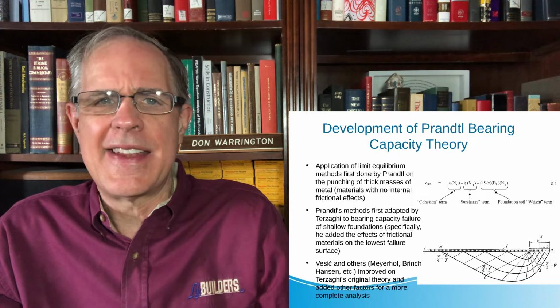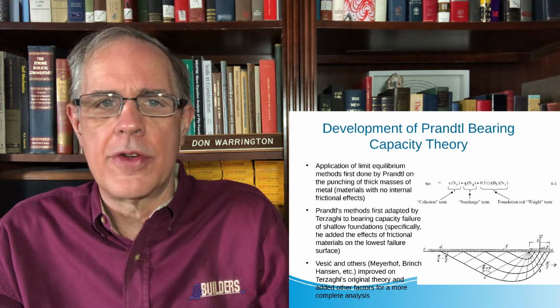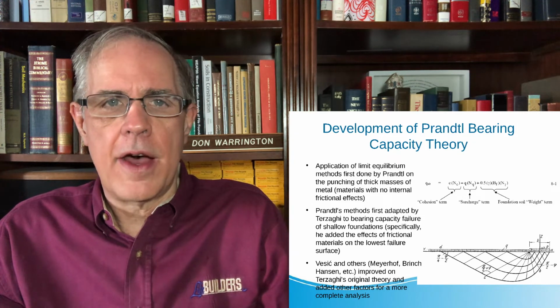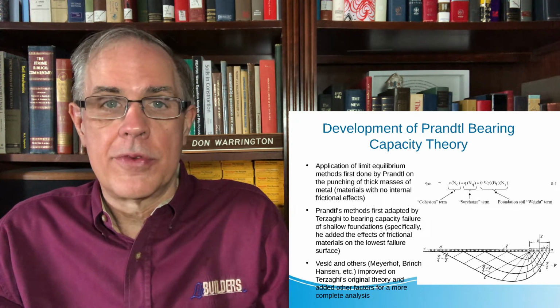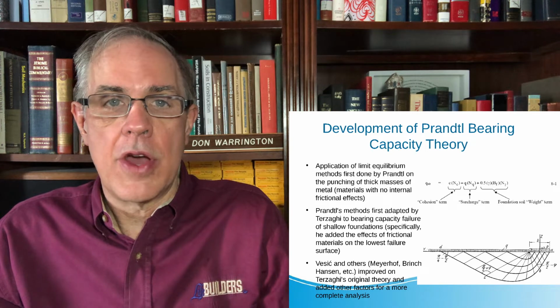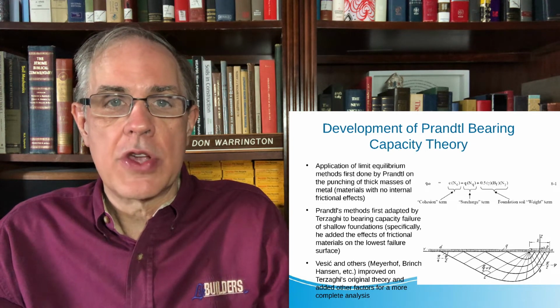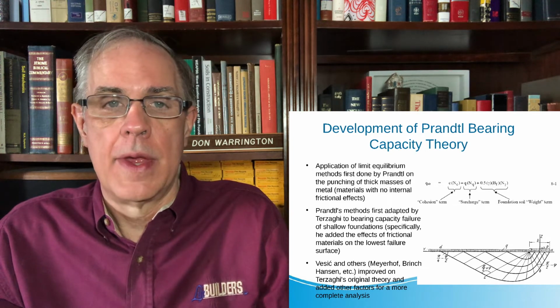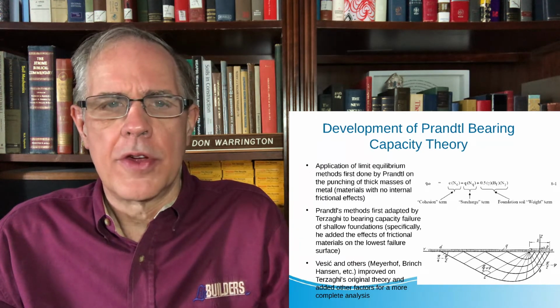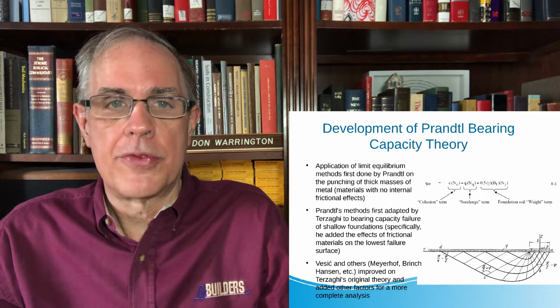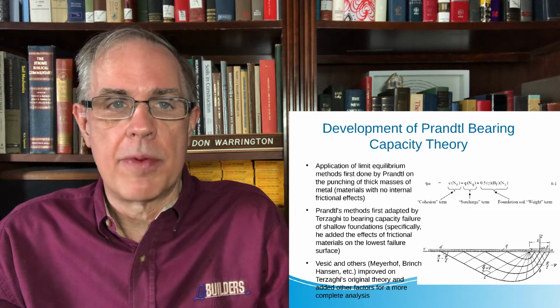The one thing that he didn't do, and Terzaghi added to it, was the effect of the weight of the soil. You may recall from soil mechanics that the only way a truly cohesionless soil has any kind of strength is if there is weight on top of it.